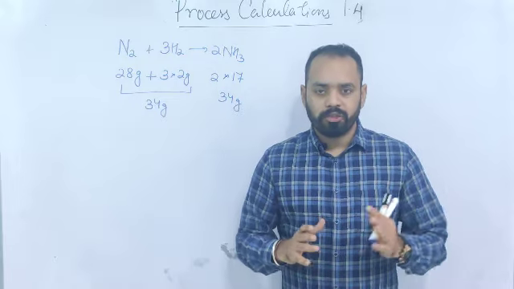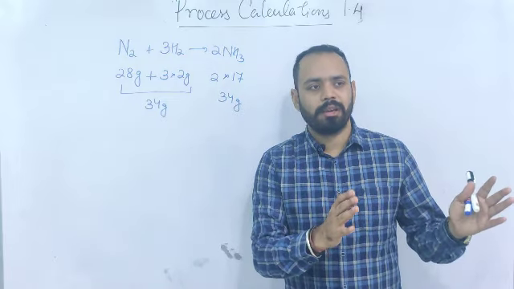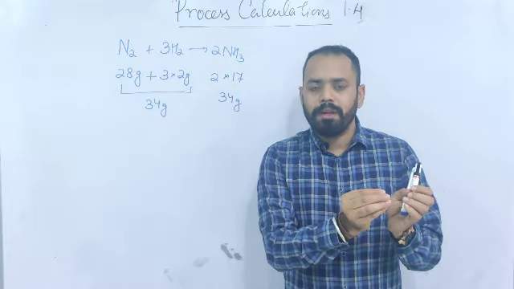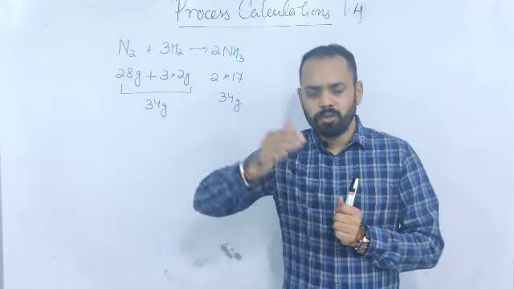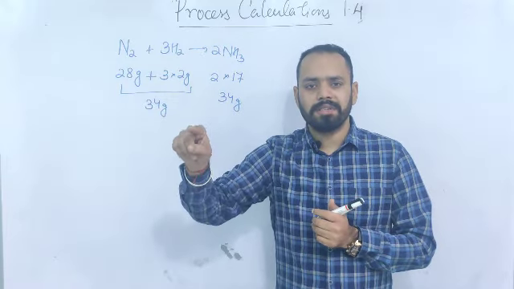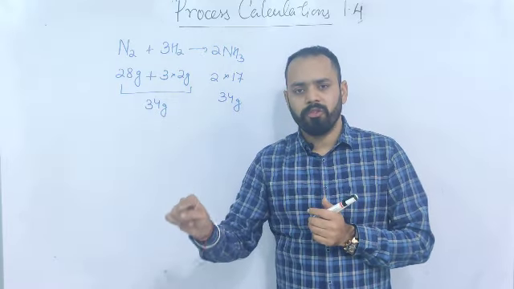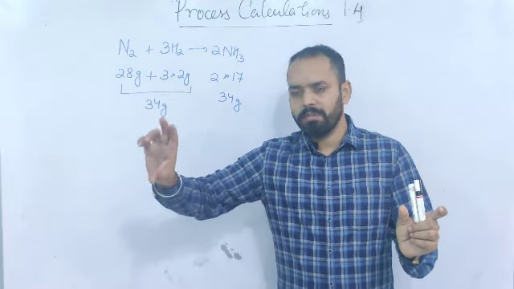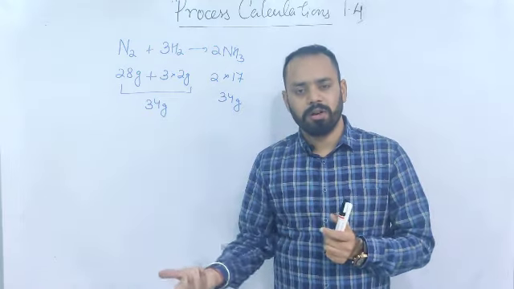Suppose from this side you are having 100 gram of the mixture, out of which 40 gram is sodium carbonate. On the product side, one stream will be for the crystals, and one stream will be for the mother liquor. So total mass is 100 gram, and total mass after the process is also 100 gram.